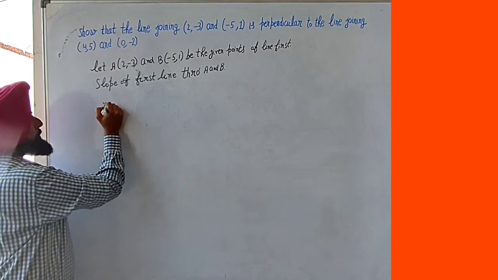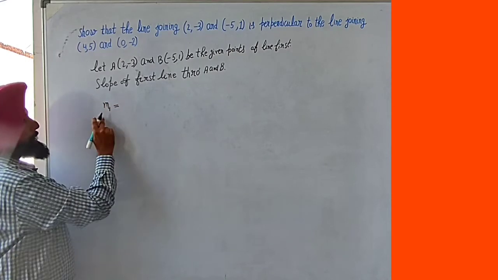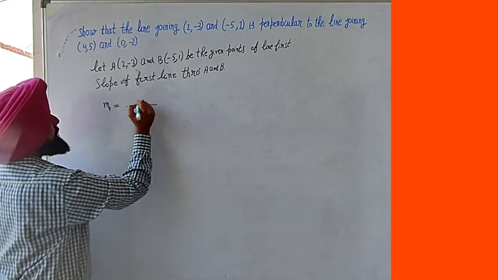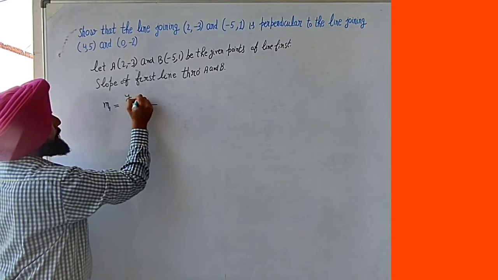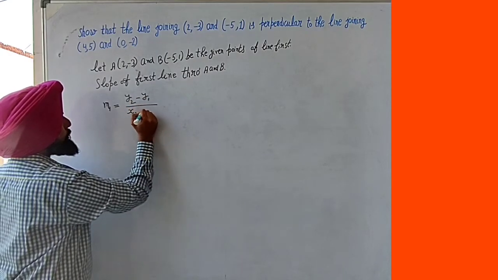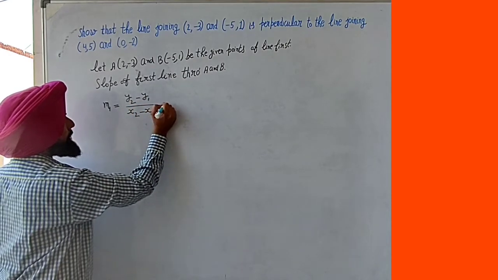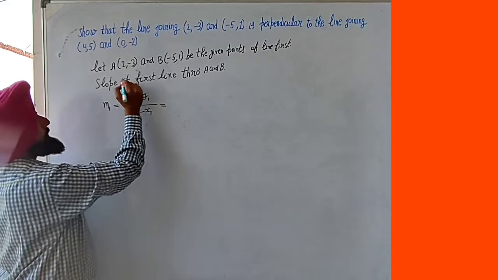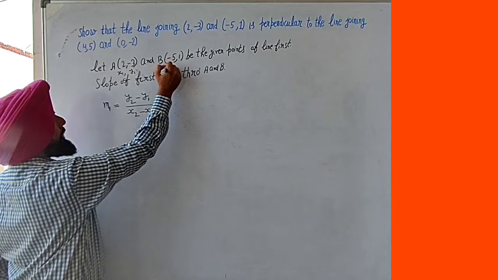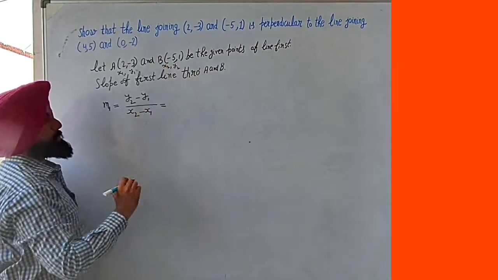We represent by M1 the slope of the first line. That means y2 minus y1 over x2 minus x1 equals, now in this case, x1 y1 x2 y2.